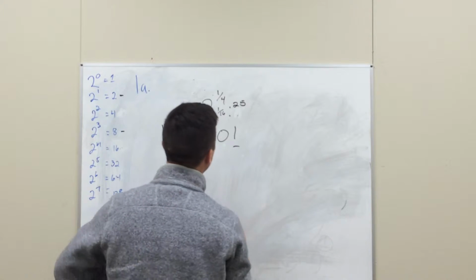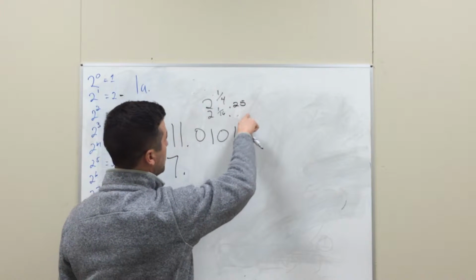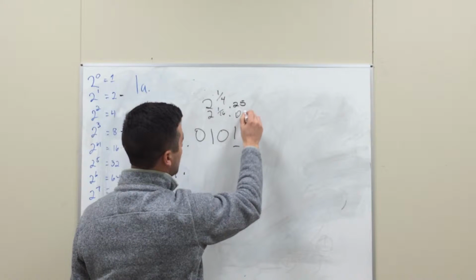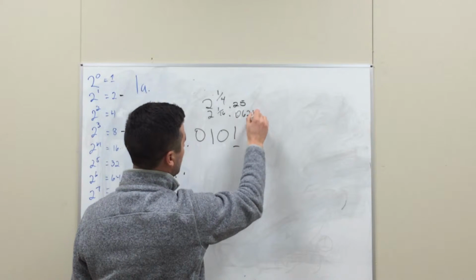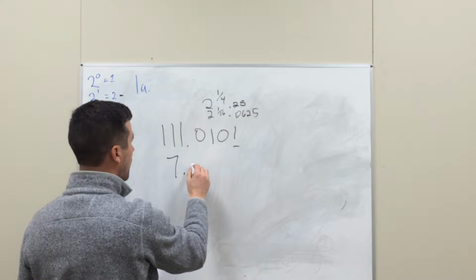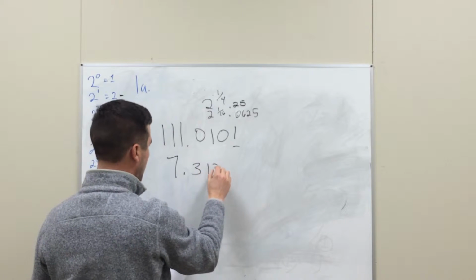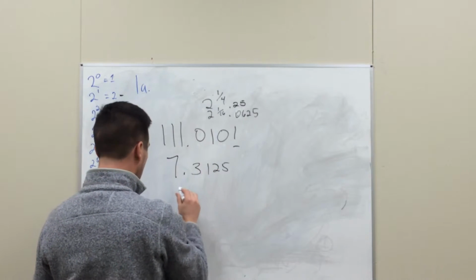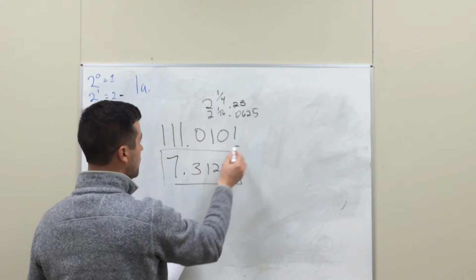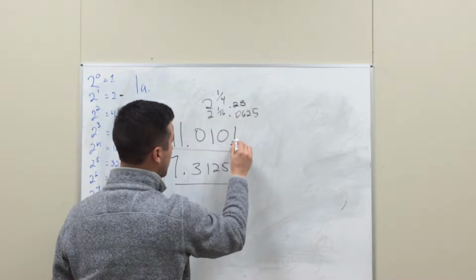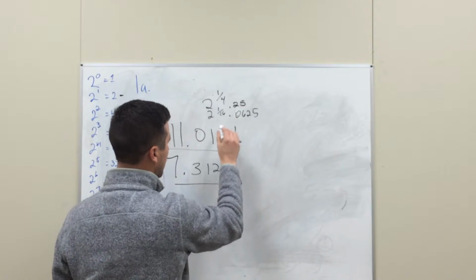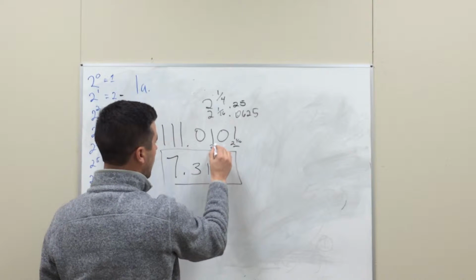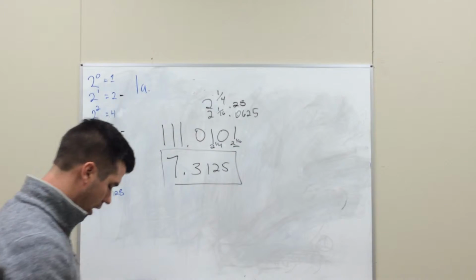All right. So 0.125 and then 0.0625, which comes up to 0.3125. So this was the 2 to the 1 over 16, and this was 2 to the 1 over 4. All right?